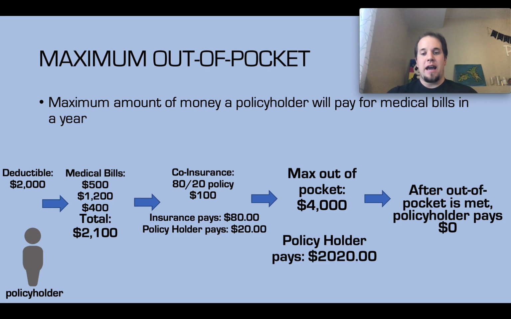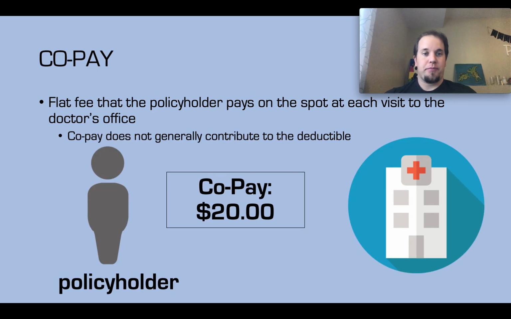So let's say the next medical bill that comes in is $100,000. Well, that is for sure going to meet that $4,000 out-of-pocket maximum. And any amount past that $4,000, the insurance company is going to pay fully. So again, maximum out-of-pocket means that the policyholder does not pay a cent more once they have reached that maximum out-of-pocket.